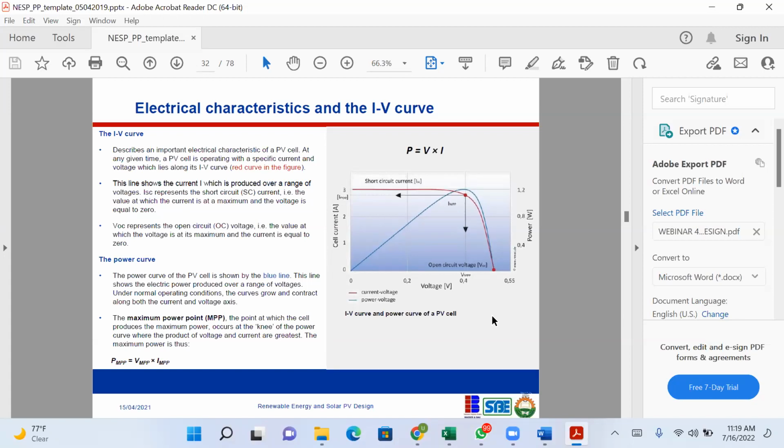Okay. So now, if we reframe this power equation, that is P is equal to voltage times current, what you're going to have is P maximum power is equal to V maximum power times I maximum power. Maximum power point.